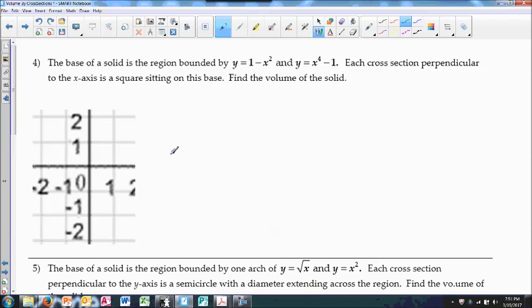The next one, the base of a solid is a region bounded by the upside down parabola, 1 minus x squared. So my zeros are at positive and negative 1. Not very good at sketching. Oh, I'm going to try again.